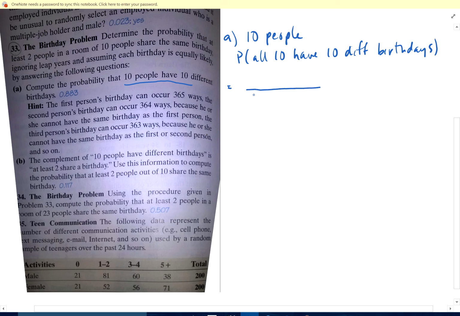Well, how many different ways, on the bottom, this is the number of ways people can have birthdays. And on the top, this is the number of ways people can have different birthdays.